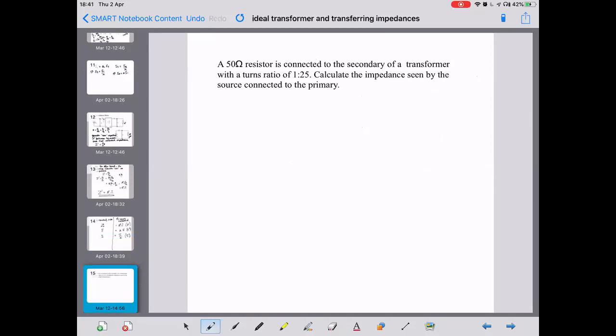So A is equal to 1 over 25. Z is 50 ohms. Calculate the impedance seen by the source connected to the primary.